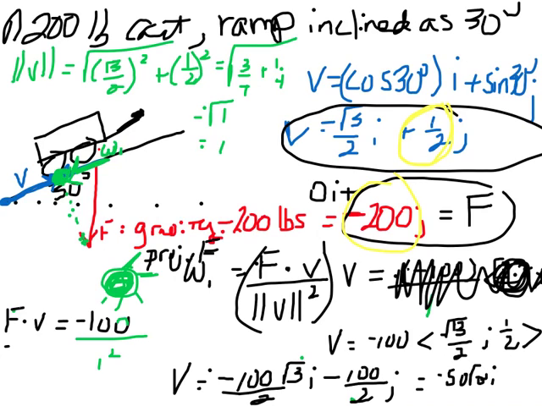It's hard to read, but if you're listening, you're going to have to listen because there's nothing I can do about how this records, minus 50j. Okay? And that would be our vector to keep the thing from rolling down the hill.